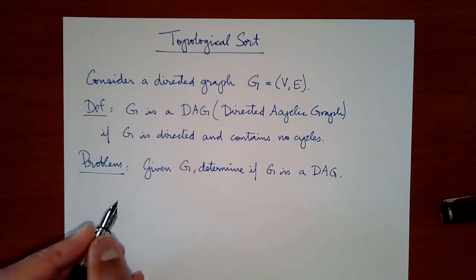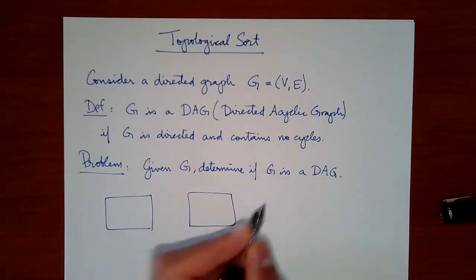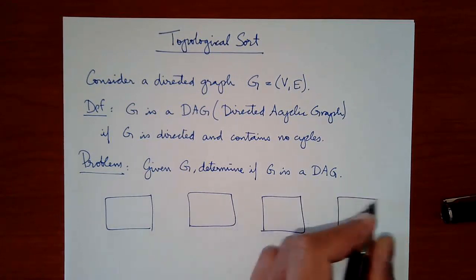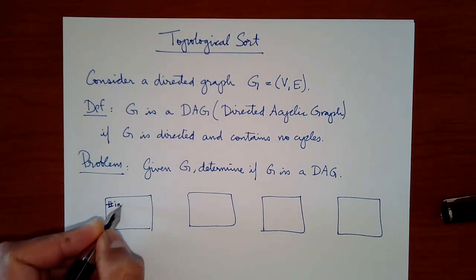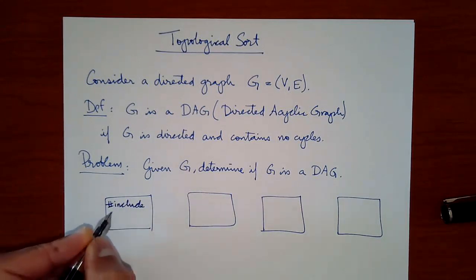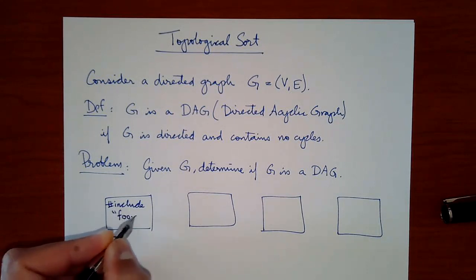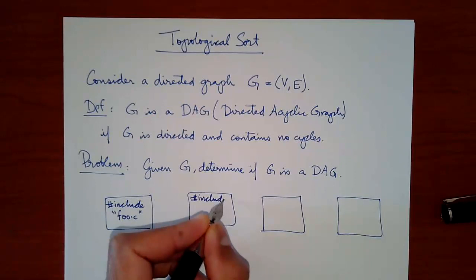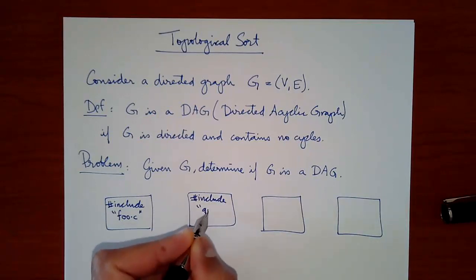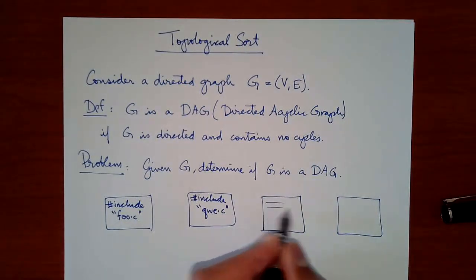Consider, for example, if you have a bunch of files, and there's some include foo.c, and it includes qwe.c or .h or whatever have you. So you have these include conditions.